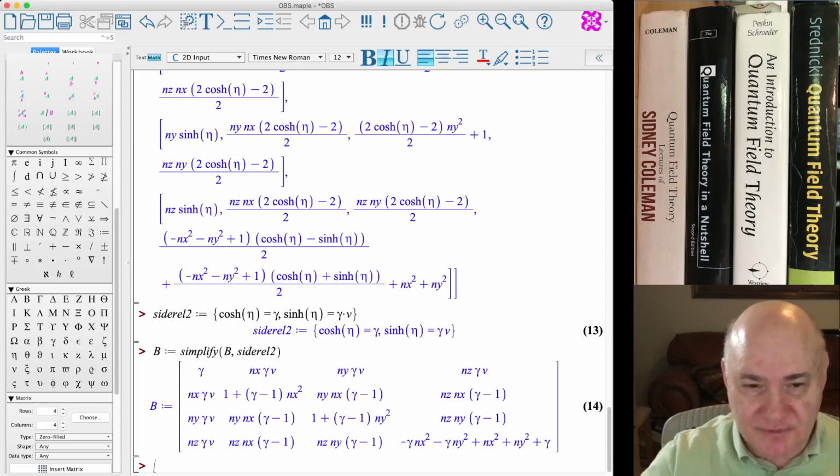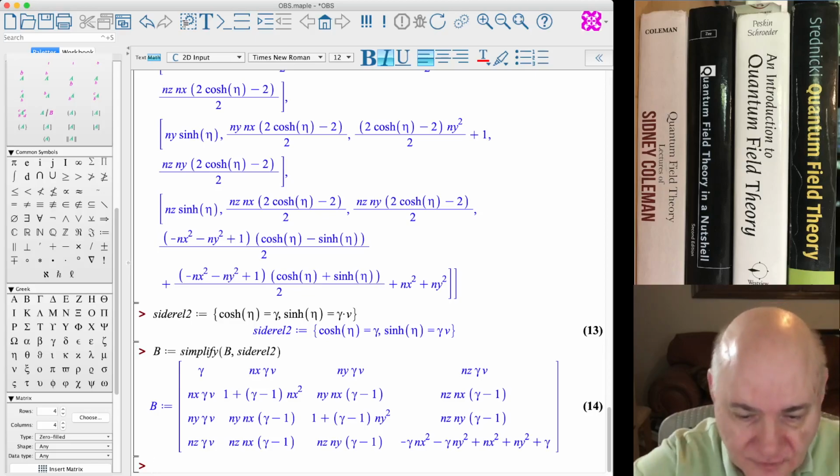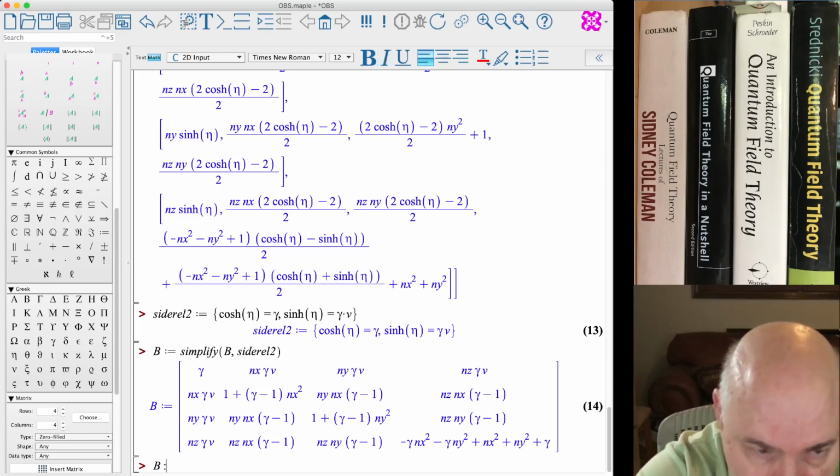I haven't been able to figure out why. It's a question of how it evaluates, in what order with respect to the side relationships, when I do the simplify. But manually I could see that this is correct, so I'm not going to worry about it. That's the way computer algebra systems are, they have some funny quirks here and there. So I'm going to do one more thing.